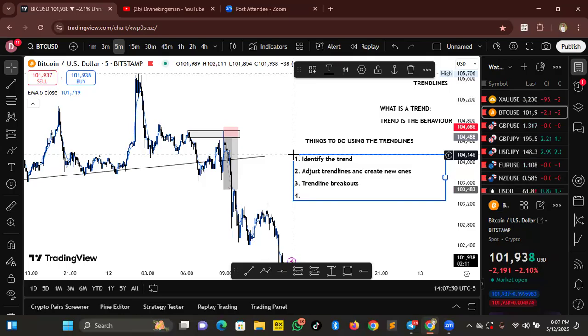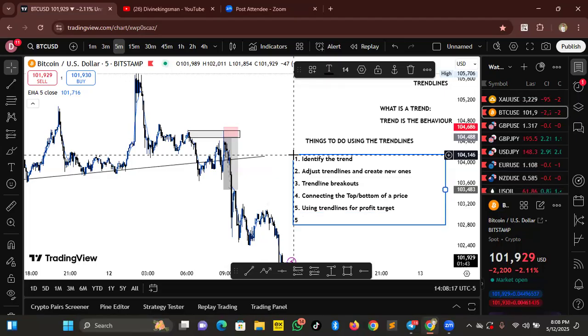The fourth one will be connecting the tops or bottoms of a price. Then the fifth one is using trend lines for profit targets.